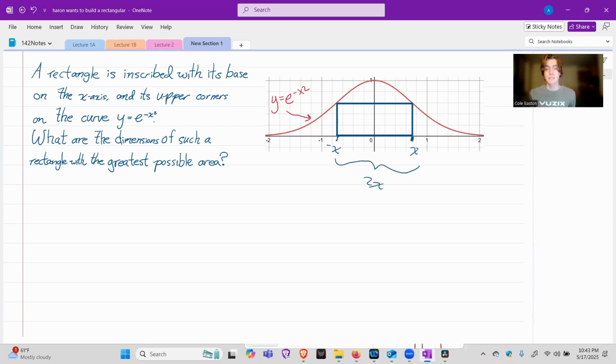But then when I plug x into the function, the value of this function here, which is the same as the height of the rectangle, is going to be just e to the negative x squared. And so that's just going to work out a little bit nicer for us. So let's go here. Area is width times height, or you can call it length times width, whatever you want to say, is 2x times our height, which is e to the negative x squared.